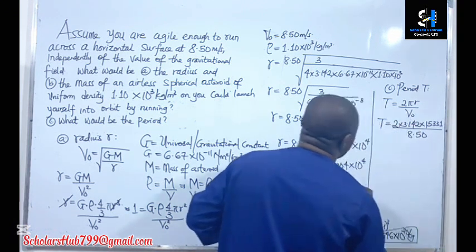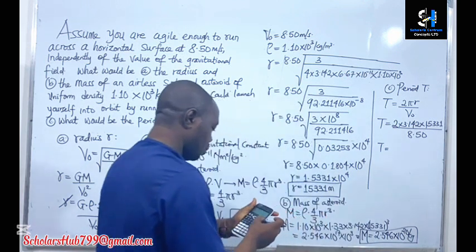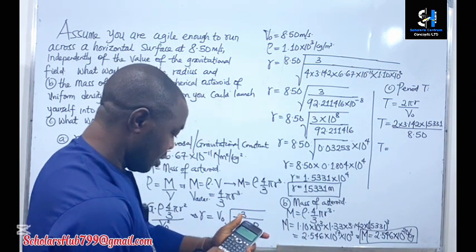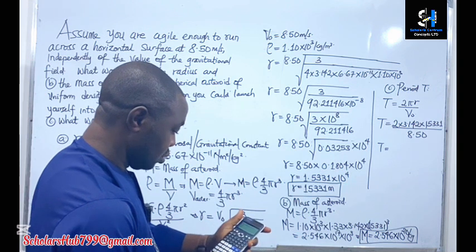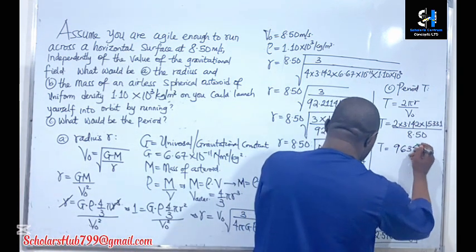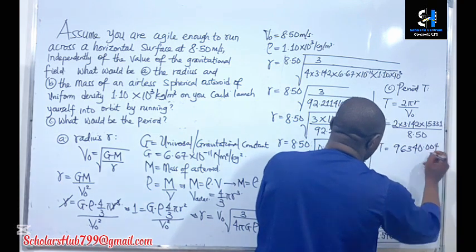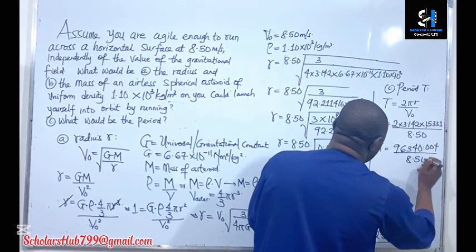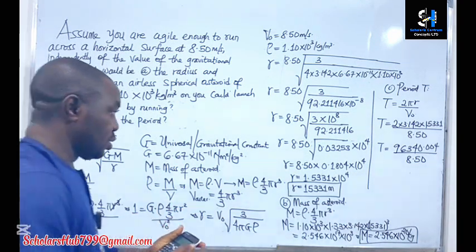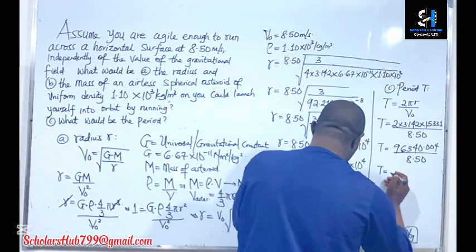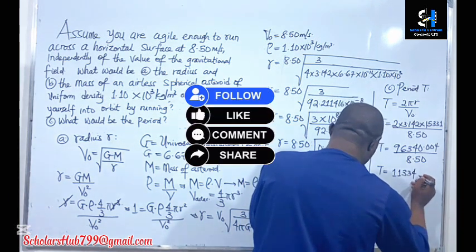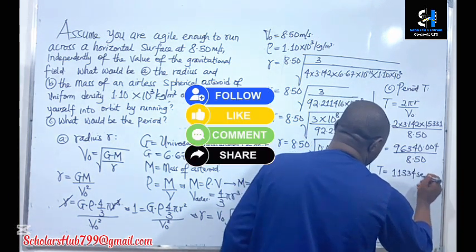So t equals 3.142 multiplied by 2, then multiplied by 15331. That alone is 96,340.004. Then that will be divided by 8.5. So t equals approximately 11334 seconds.